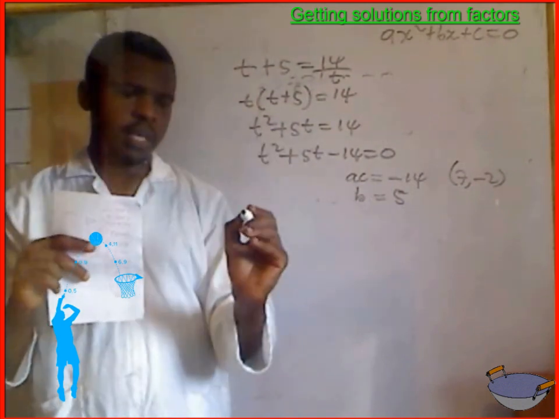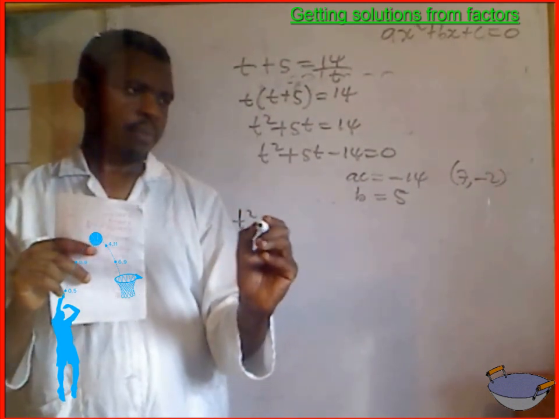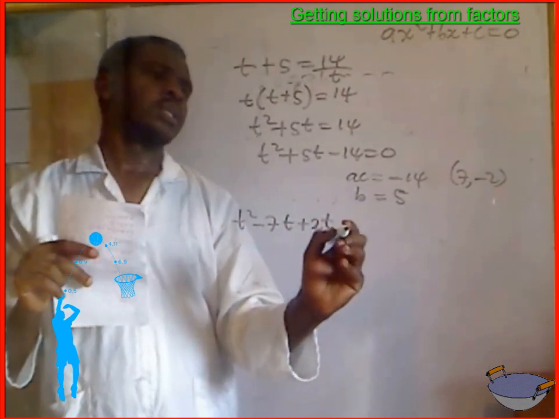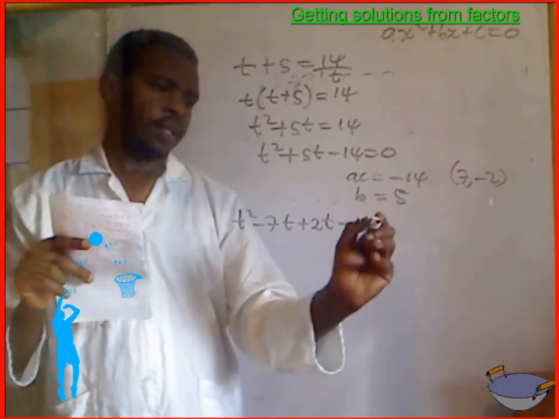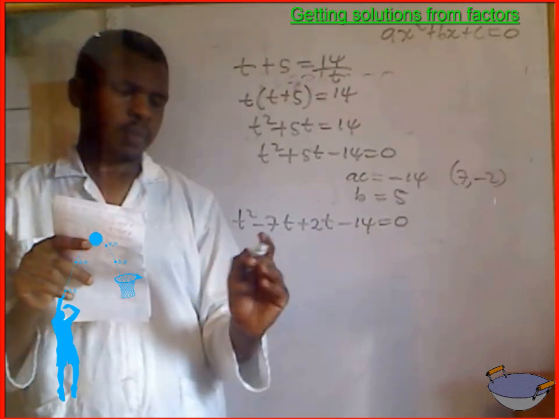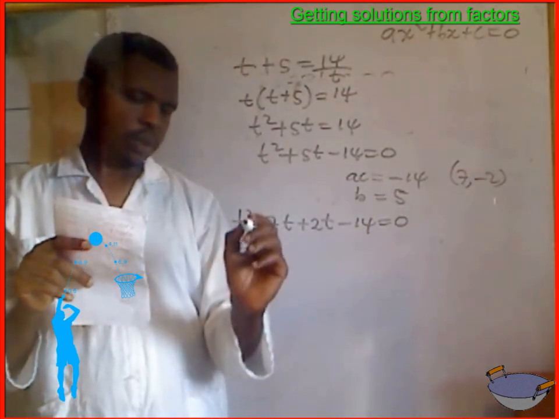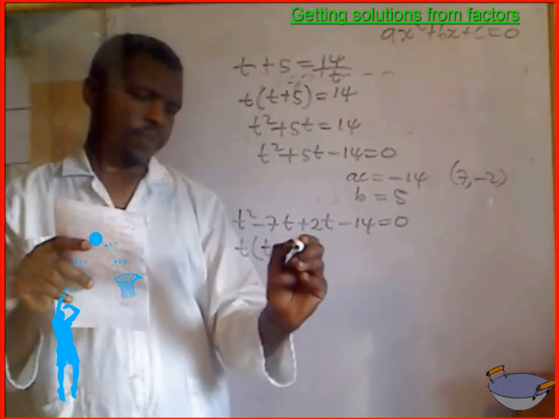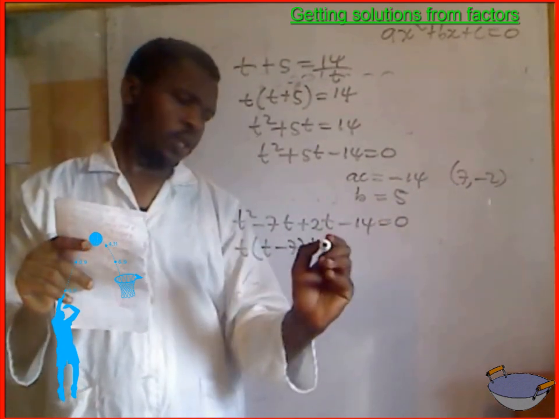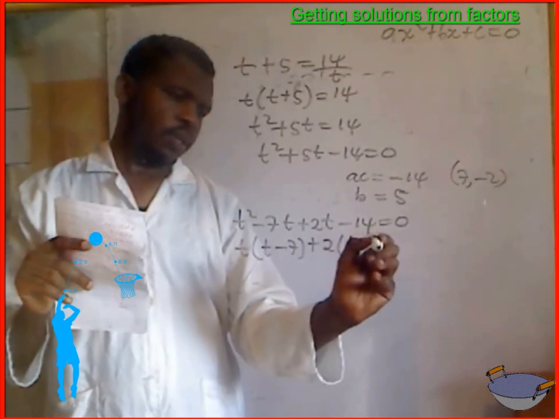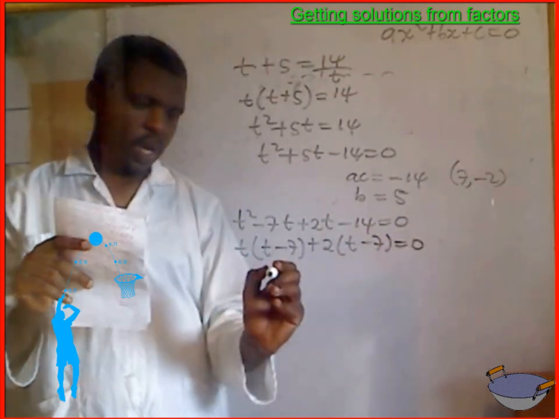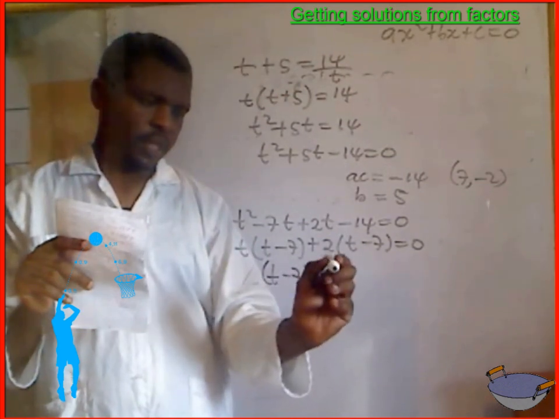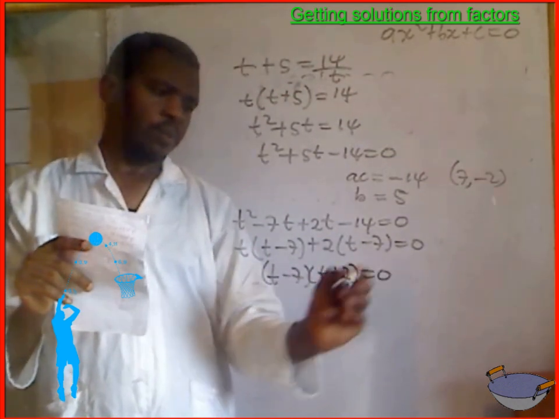So here I'll say t squared minus 7t plus 2t minus 14 is equal to 0. t is common, in brackets t minus 7, plus what is common, the 2, t minus 7 is equal to 0. You have t minus 7 factor of t plus 2 is equal to 0.